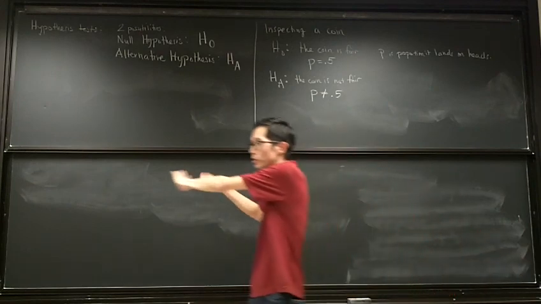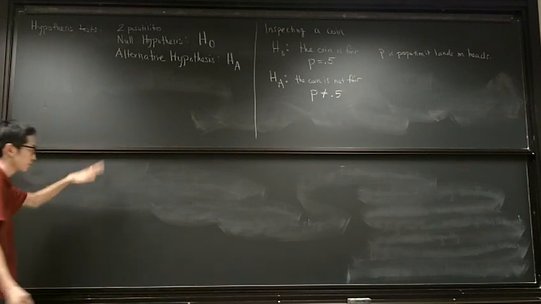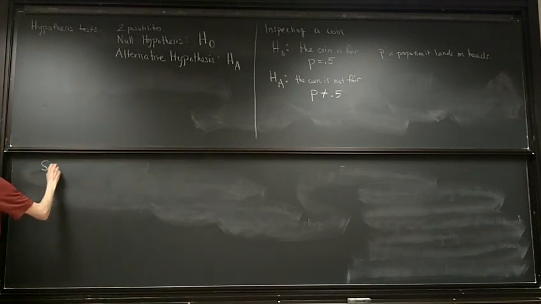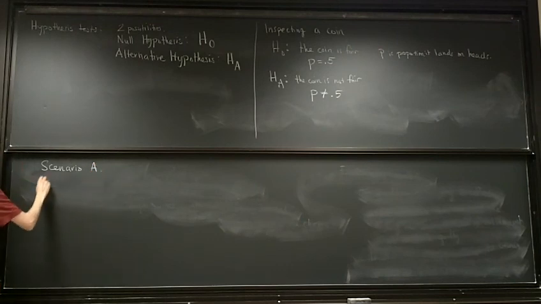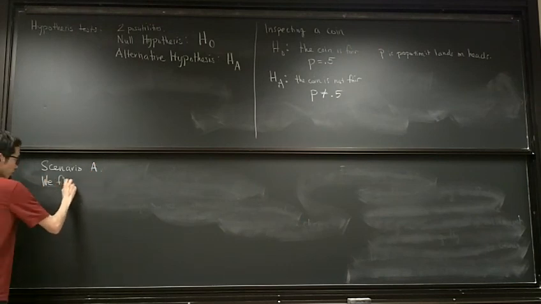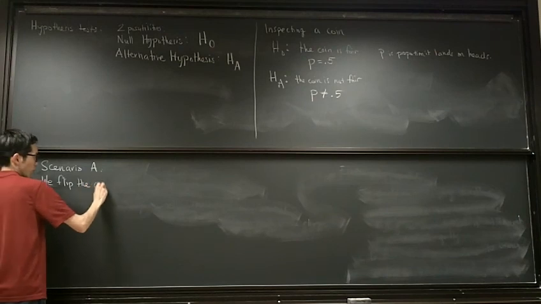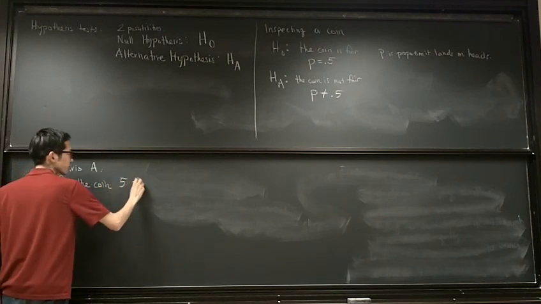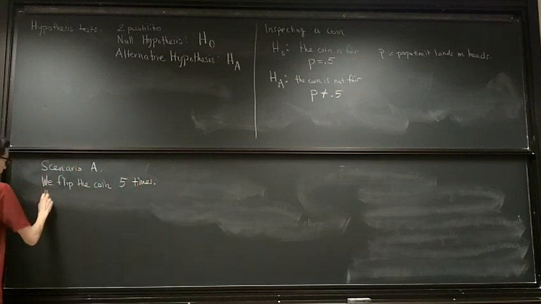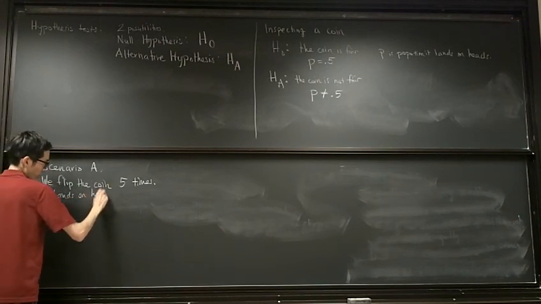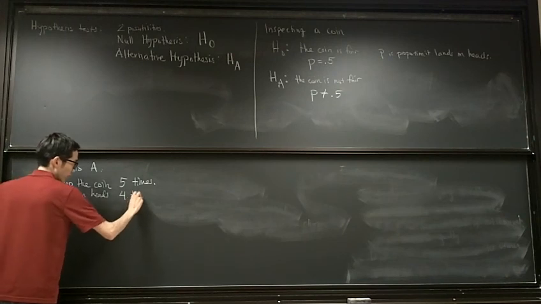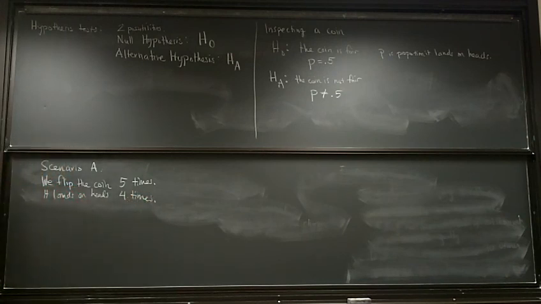So I'm just going to write what I spoke about and put it on the board, okay? So scenario A. We flip the coin 5 times. It lands on heads 4 times, okay?